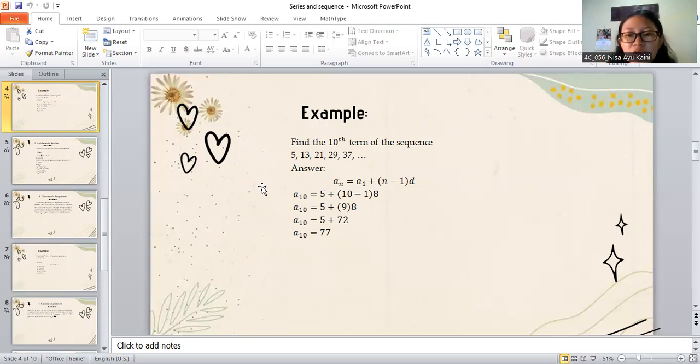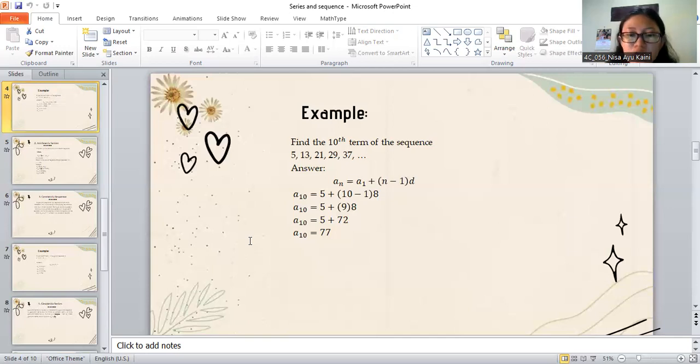Always take note that if this statement is given, we directly use the arithmetic sequence formula, a sub n equals a sub 1 plus the quantity n minus 1 multiplied by d, and we can directly solve for the term.